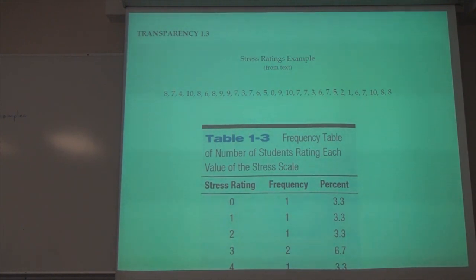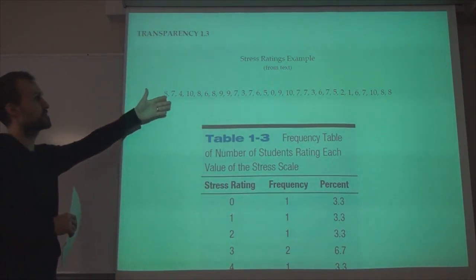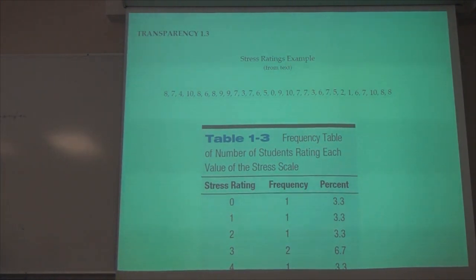You have to fill it in by reviewing the textbook. So 30 people were surveyed, and we have different stress ratings ranging from 0 to 10 seems to be the highest. 0 meaning low stress and 10 meaning high stress.